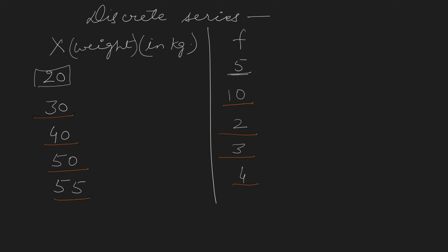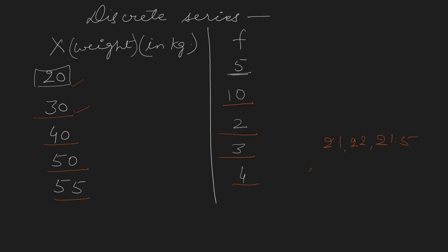In discrete series, one more thing you will find is that there is a jump between values. After 20, directly the weight comes as 30. There is no such weight like 21 kg or 22 kg or 21.5 kg, nothing like that.